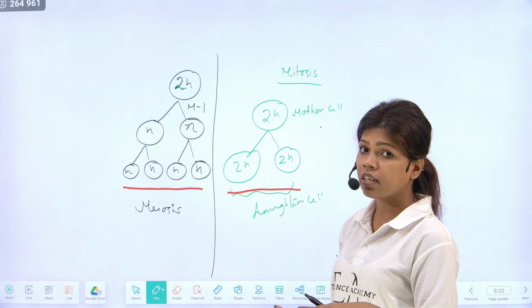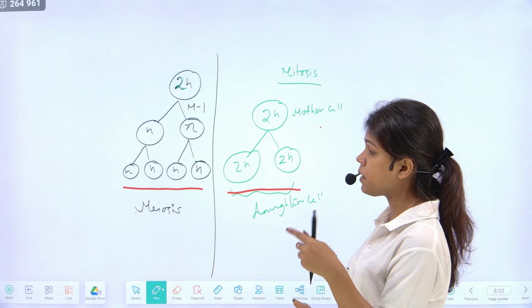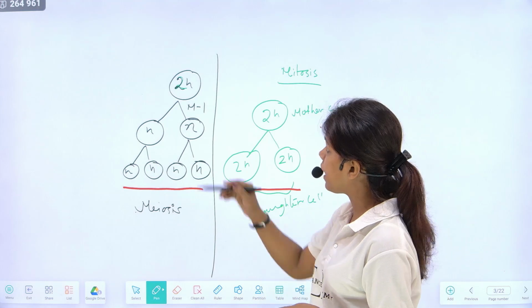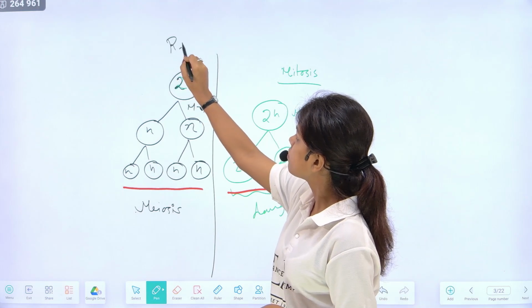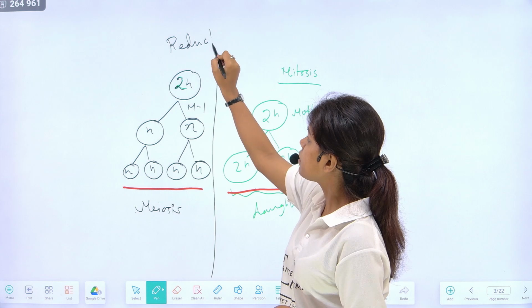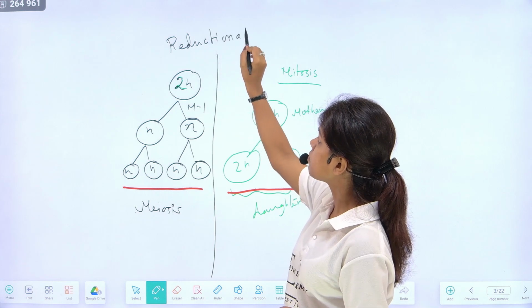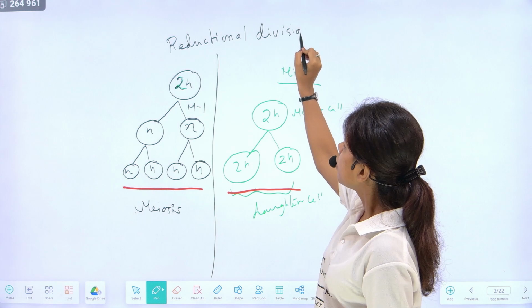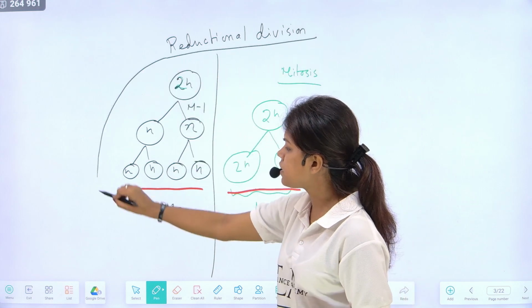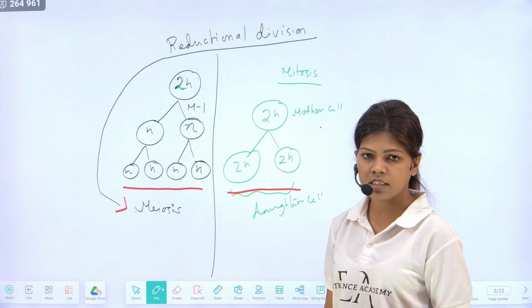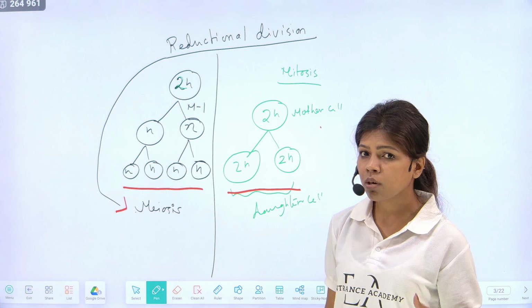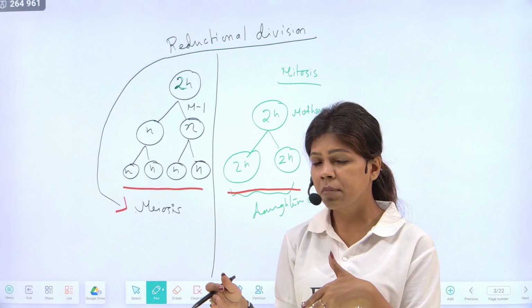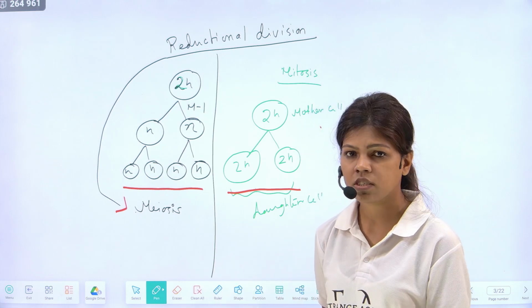And that is why, another important question from this part, meiosis cell division is known as reductional division. A give-reason question can come, like why meiosis cell division is considered a reductional division. Because the number of chromosomes in the mother cell becomes half within the daughter cells.